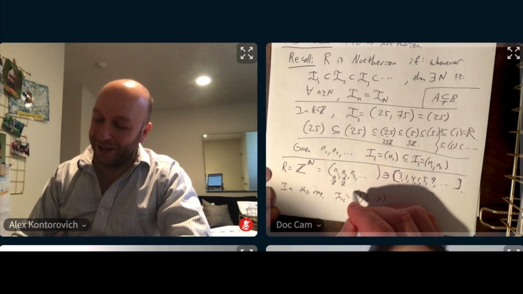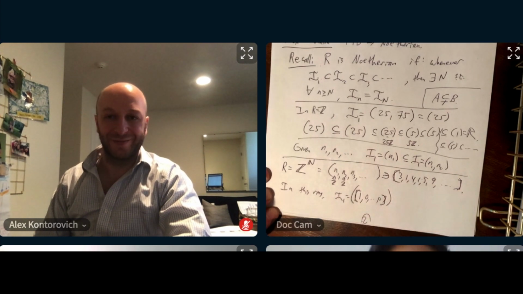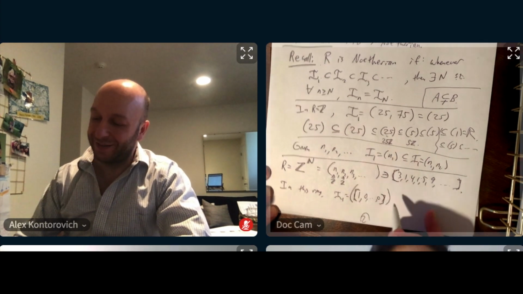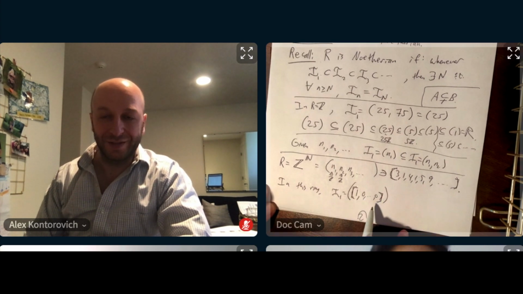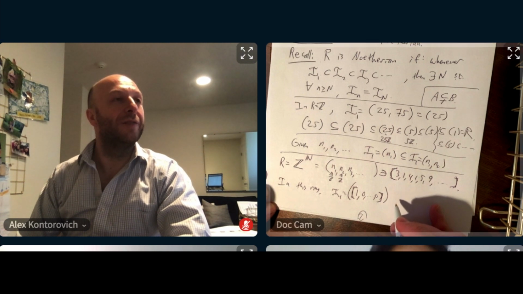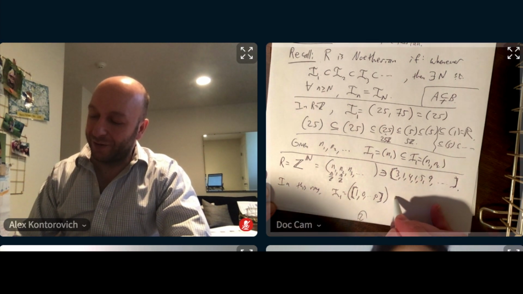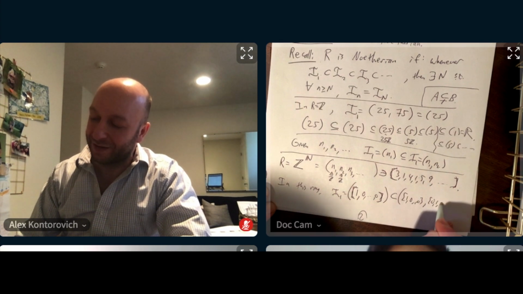So the ideal generated by the element 1 and all zeros is one ideal. Any multiple of this is also a multiple. In other words, this is just Z in the first factor, but that is contained inside things generated by Z in the first factor and Z in the second factor: the elements 1, 0, and the element 0, 1, and all zeros.